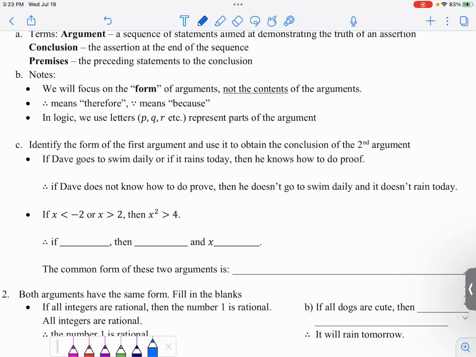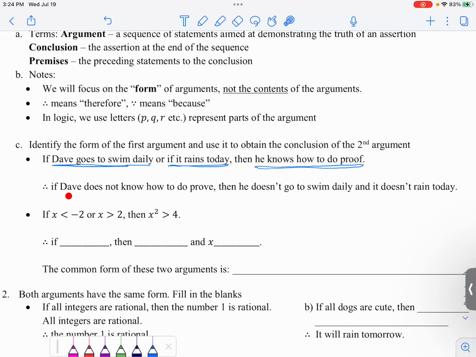Take a look at this statement. We see that this is a kind of small part of the argument. This is a sentence. This is a statement, swim daily. And this is another one, it rains today, right? And Dave knows how to do proof. That is the third kind of statement in this first argument. Now, therefore means the conclusion, right? All these are called premises, okay?